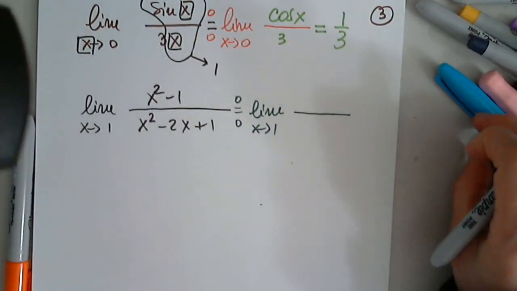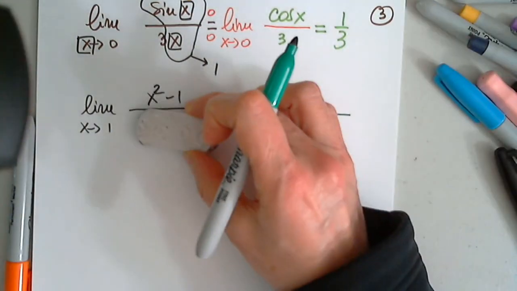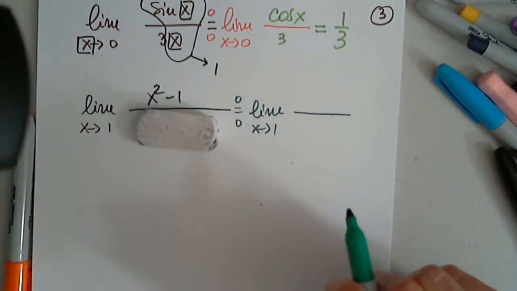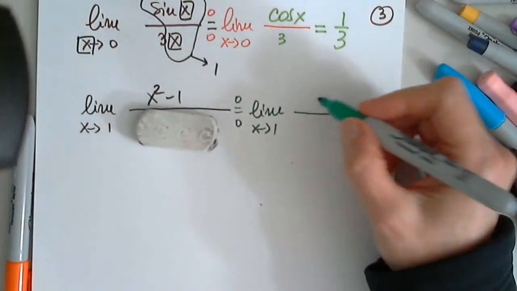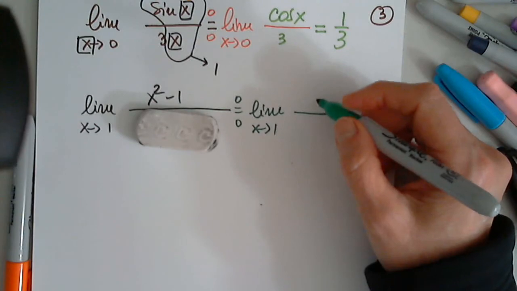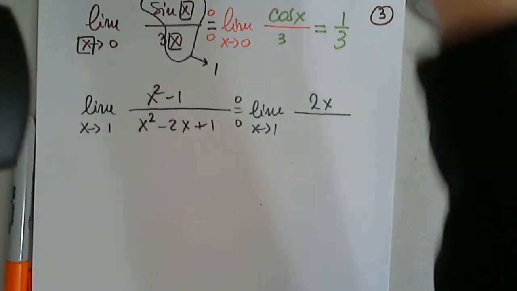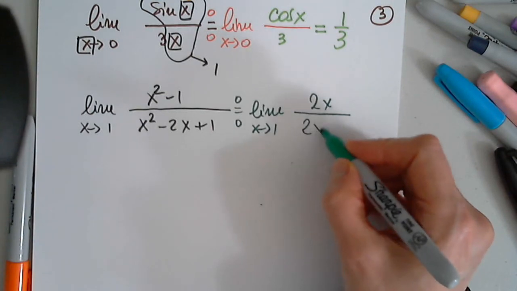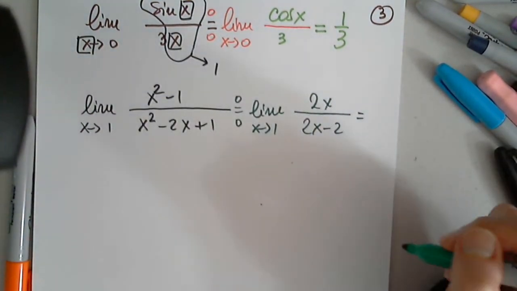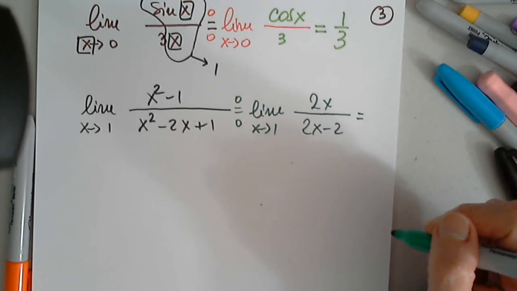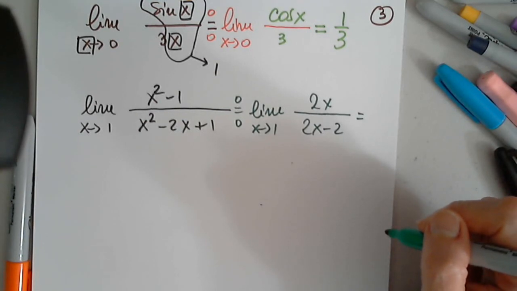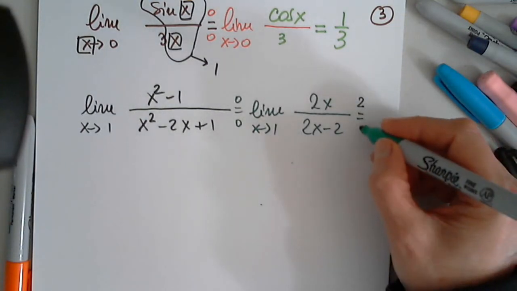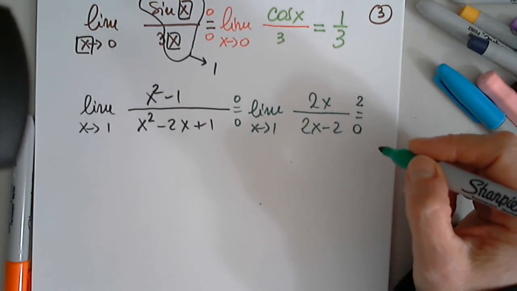What is the derivative of the top? We never ever do this otherwise, but it's inside a limit and it's 0 over 0. The derivative of the top is? 2x. Good. The derivative of the denominator is? 2x minus 2. Please plug it in again. So the top is 2. Unfortunately, the denominator is 0.